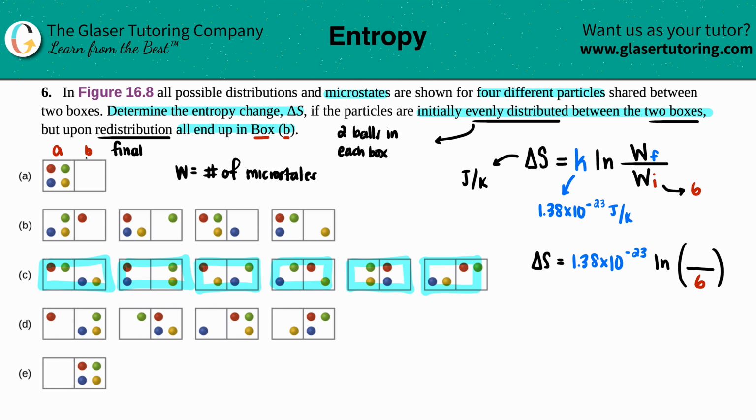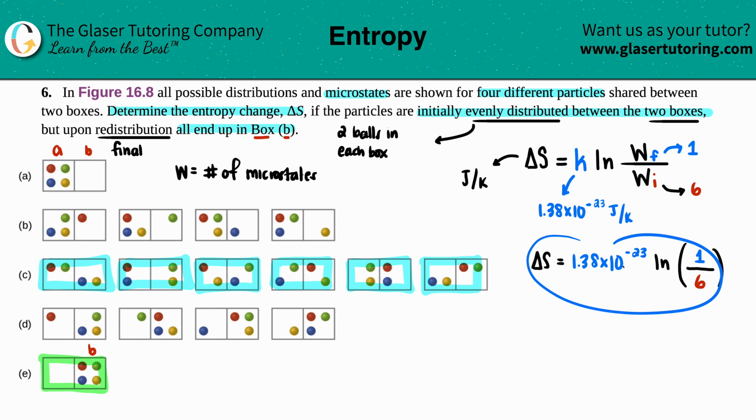And that is down here. This is the one they're really talking about, where all of them end up in box B. How many microstates is that? That's just one of them. So this would just be a 1.